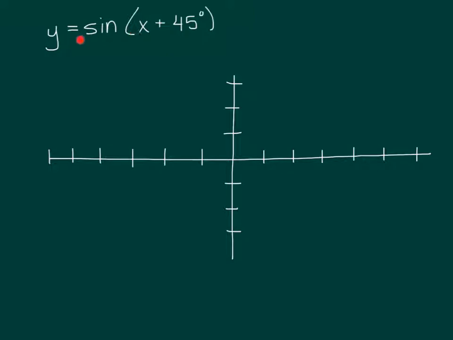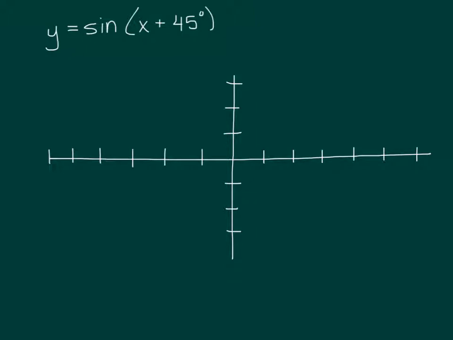So this function needs to be put into the calculator and your calculator needs to be told you're in degree mode. You do that by pushing the mode button, which is in the top left section of the calculator. Push mode. There's a line that has the word degree and the word radian on it. Make sure the word degree is highlighted. If, obviously, you're given a function that has a radian measure, you would want to go into mode and make sure to switch your calculator to radian.